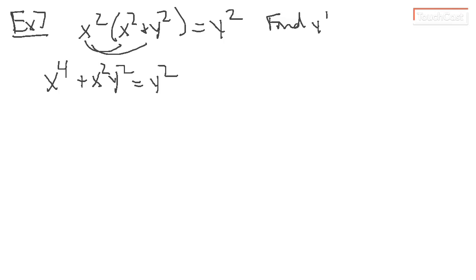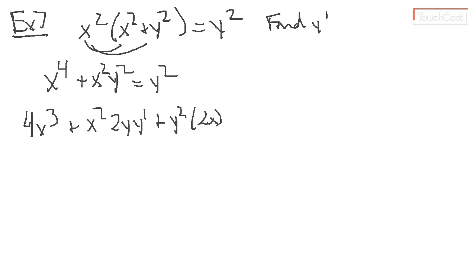Then we can start differentiating everything. So our derivative of this first term is going to just be 4x cubed plus, we've got a product here, so we're going to go x squared times 2y y prime plus y squared times 2x equals 2y y prime.